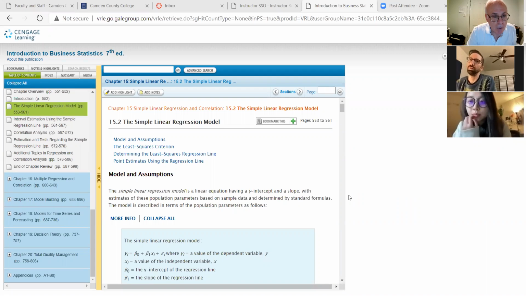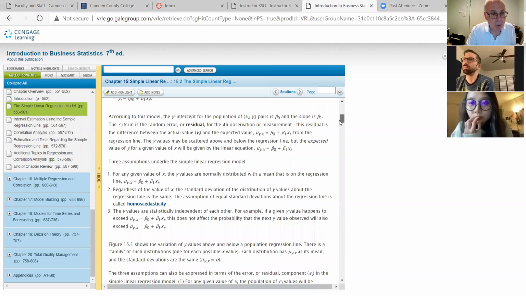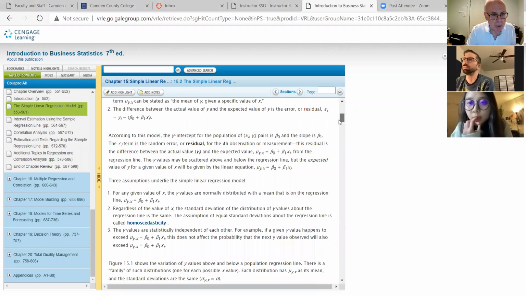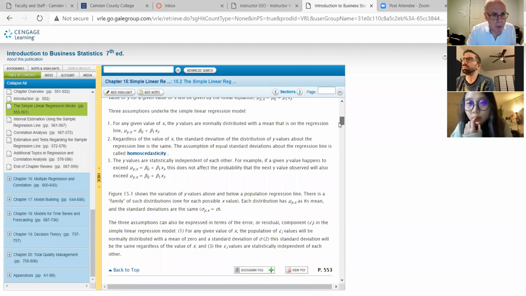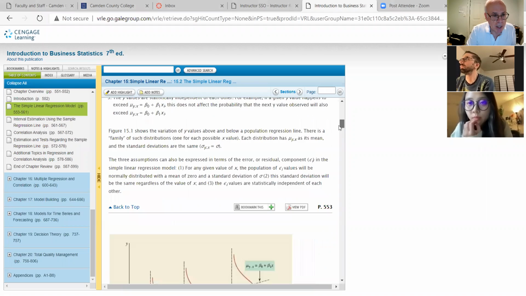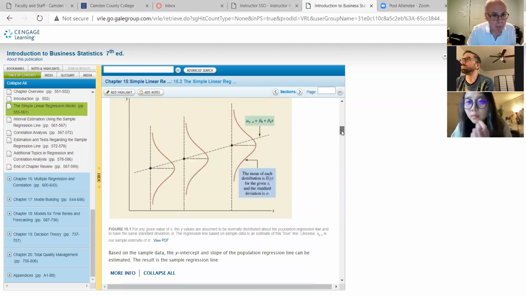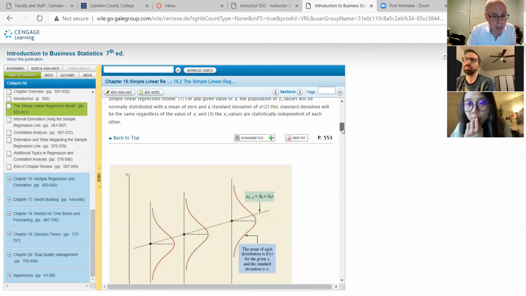Yes. Right. So we went through the introduction to what regression is, right? We went through the equation last time and talked about some of these topics here, residuals and homoscedasticity, heteroscedasticity. We talked about this idea that at each value of x, the distribution of y is considered to be normal.